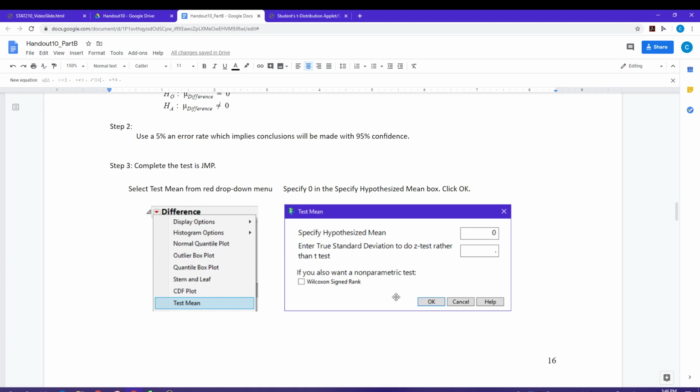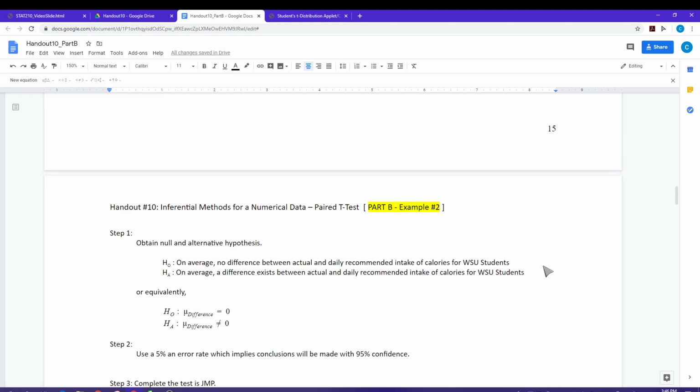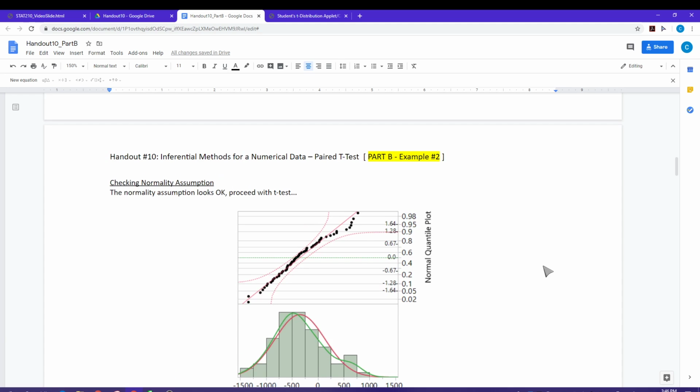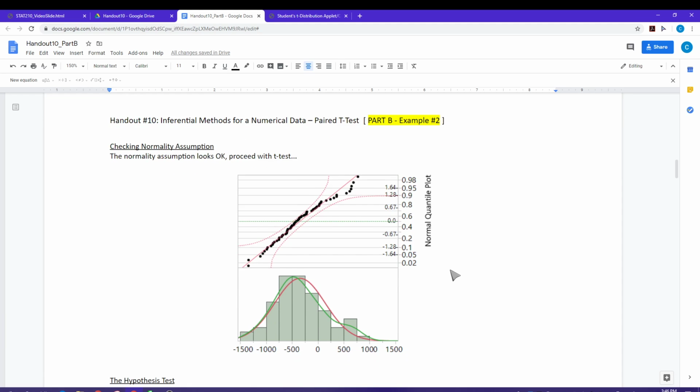I'm not going to cover the nonparametric test in this class, but the Wilcoxon signed rank test is available and should be used when you have concerns with the normality assumption. So up here, if these dots start to drift outside of these bands, or if your data is skewed in one direction or another, we really should not be using the t-test.